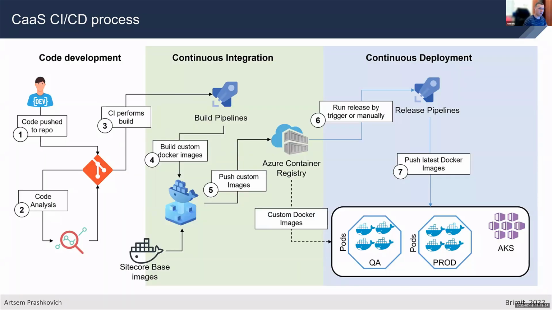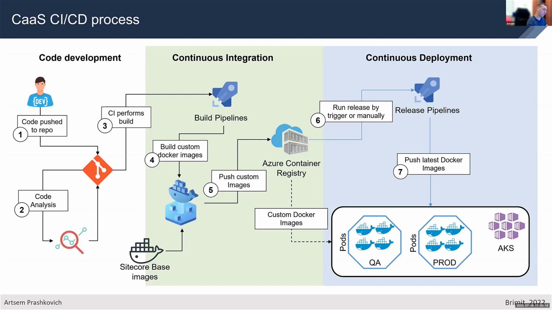And now it is time to look deeper at the deployment process related to Kubernetes. From the left side, we still have the same. We have a developer who pushes code to the repo. We have code analysis here, which runs the CI process.